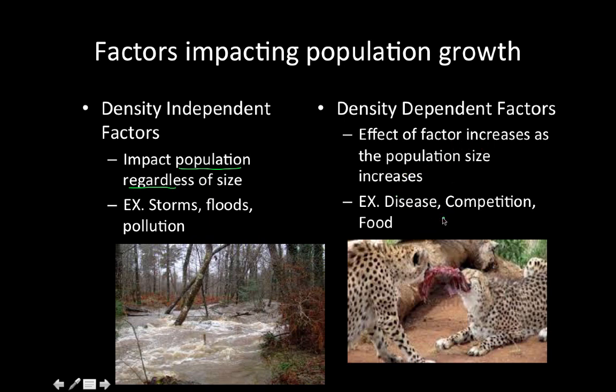So something like disease, competition for food, all those things are going to be density-dependent. Disease in particular is a big one. Think about it. If there's people packed closely together in a room, is a cold or a flu going to spread faster? Absolutely. So the impact of that cold or flu is going to be higher if the population is higher.